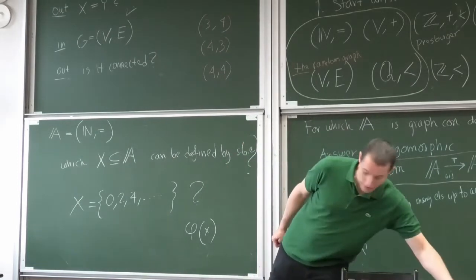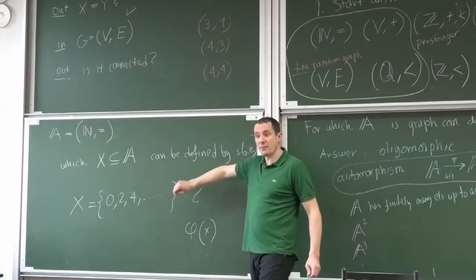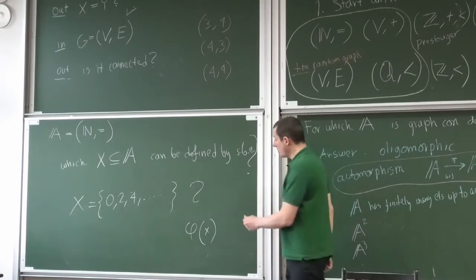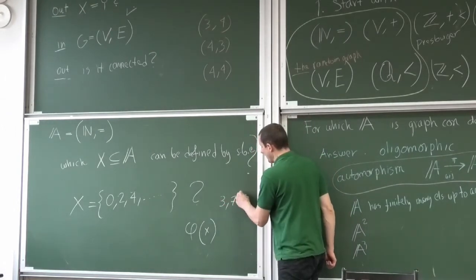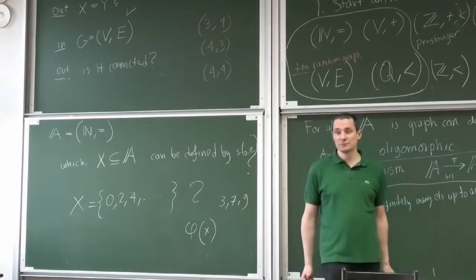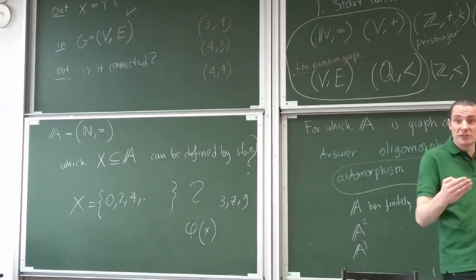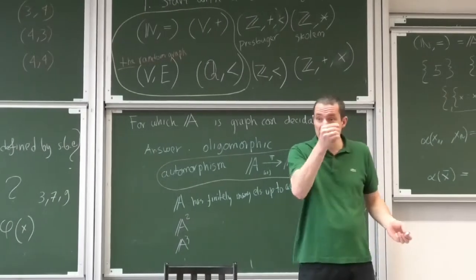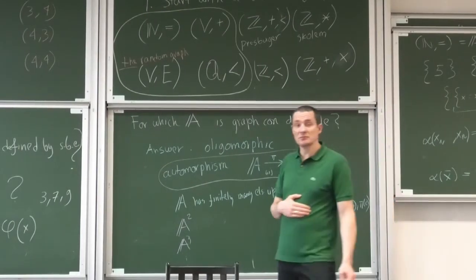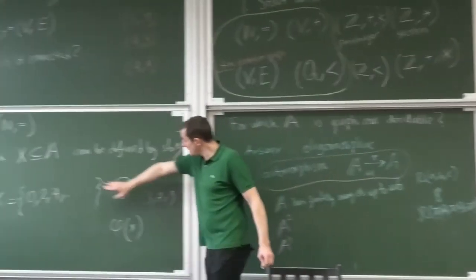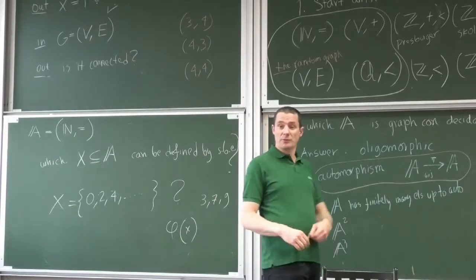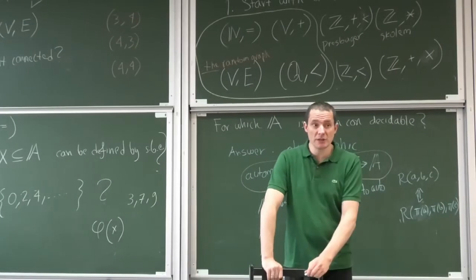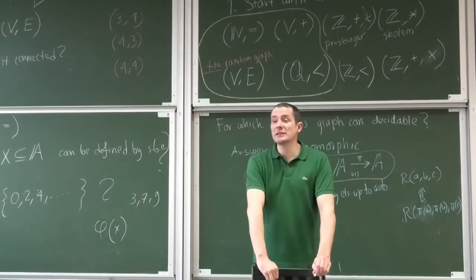Suppose that you could define this set by a formula like this, where the constants used are 3, 7, and 9. Because it's a finite formula, it can only use finitely many numbers explicitly. Imagine you could define this set by a formula with one free variable. It can be huge. You can, for first order logic, quantify other stuff. But it's only allowed to use 3, 7, and 9.